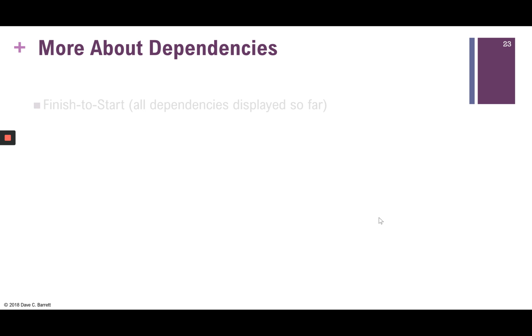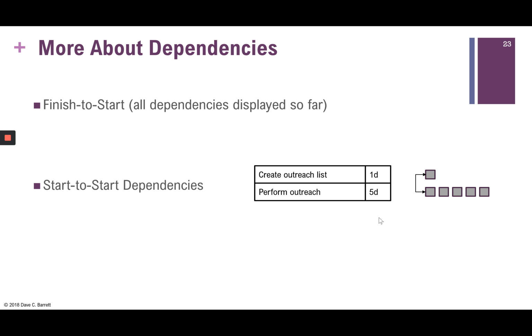More about dependencies. We've talked about dependencies a fair bit. There are finish to start dependencies. Those are the ones that we have seen so far. All of the dependencies in the network diagram are finish to start. That is, the first task finishes, then the next one starts. That's called finish to start. There are dependencies which are referred to as start to start.